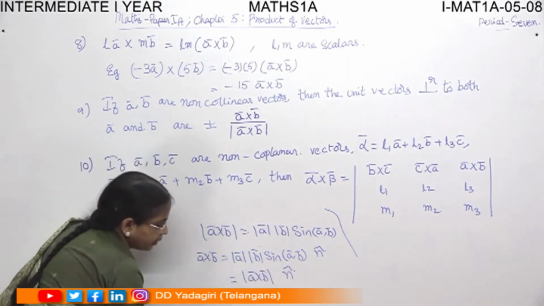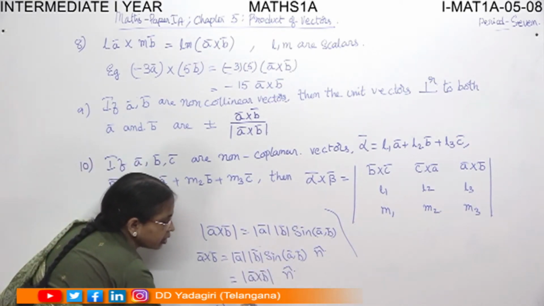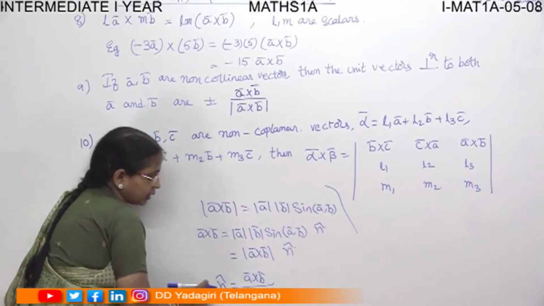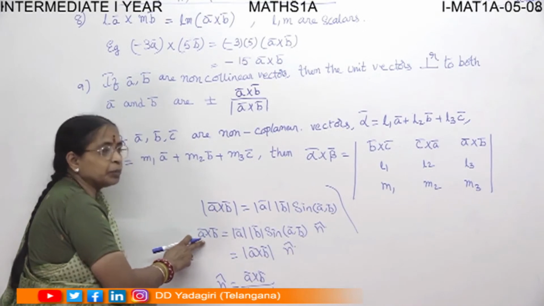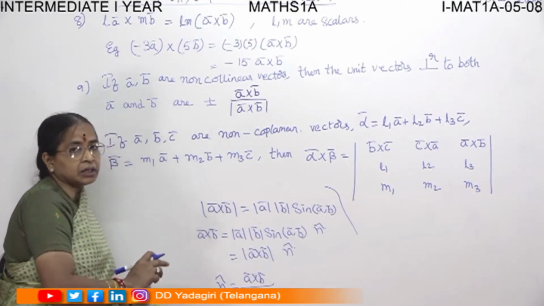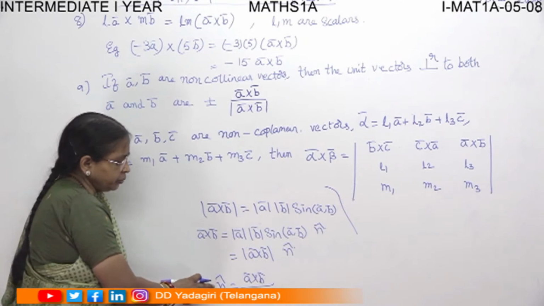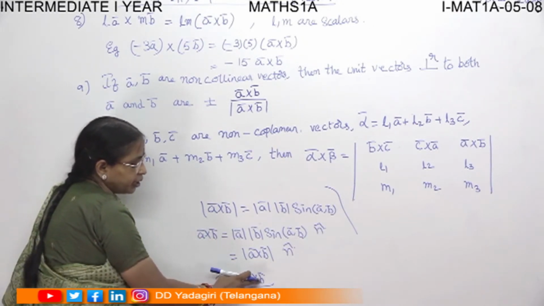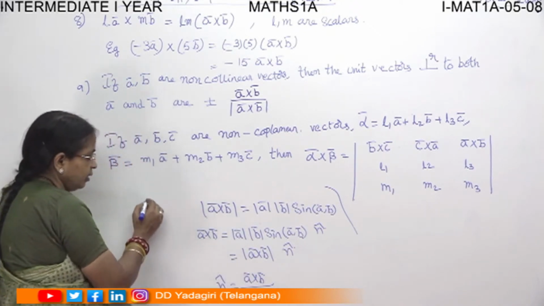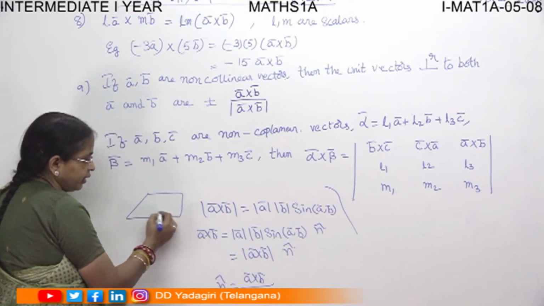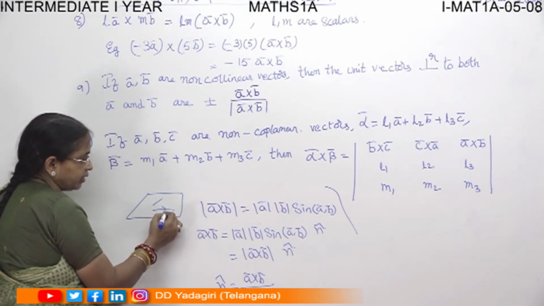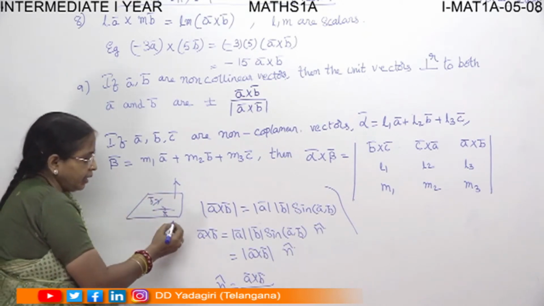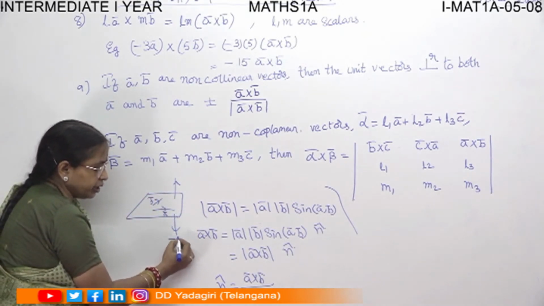So what is n cap? n cap is equal to A cross B by mod of A cross B. So the unit vector perpendicular to both the vectors. Here A and B are vectors, remember. So the unit vector perpendicular to both A and B is given by A cross B by mod A cross B. But we already know that if A and B are the vectors in this plane, then n cap is one unit vector perpendicular to both A and B, and minus n cap is also a unit vector.